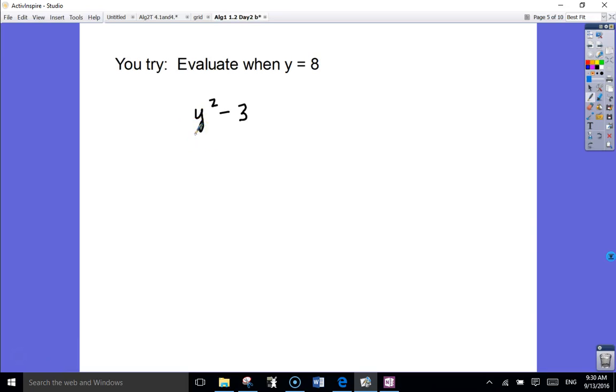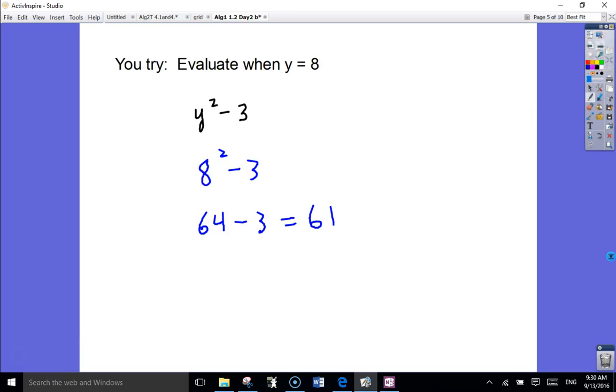Again, if there's a problem like this on the test, make sure you show you plugged in 8. That will count for something, and it'll count against you if you don't have it. 8 squared minus 3. Now, order of operations tells you to do what first? 8 squared, which is 64, minus 3 equals 61. Everybody got 61? Kind of a trivial exercise.